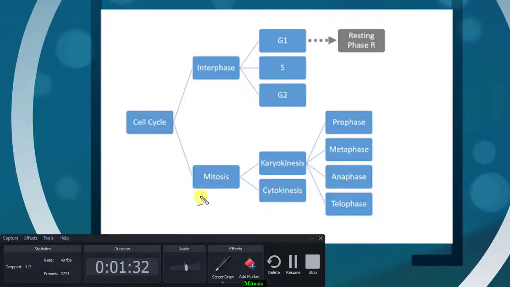Now, mitosis is divided into two sub-steps, karyokinesis and cytokinesis. Karyokinesis is divided into four main phases: prophase, metaphase, anaphase, and telophase.